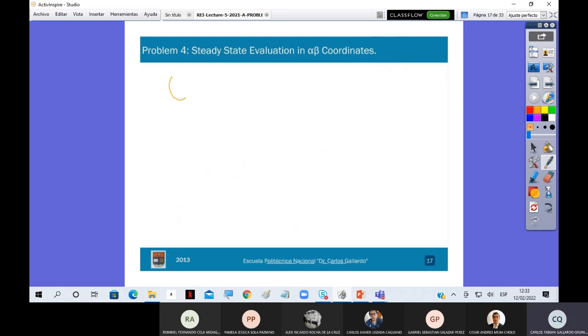So I will start here. I have the data in the synchronous reference frame, and I need the data in the stator reference frame. For that, I have 30 degrees, which is 0.5236 radians.